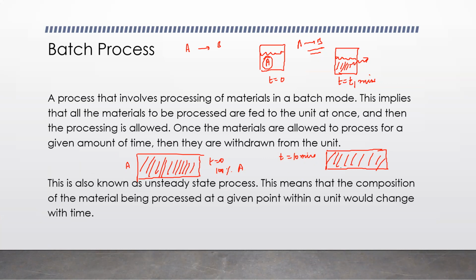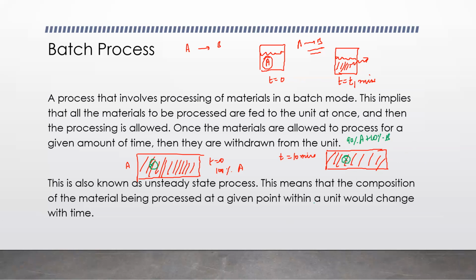For reference, we are taking this point, and we are seeing what composition has changed at this point. After 10 minutes, you will realize that at this particular point inside the reactor, the composition has changed, because some amount of A would have converted to B. Let's say 10% conversion has taken place. So we'll have 90% A and 10% B.